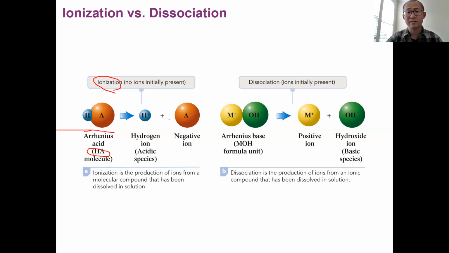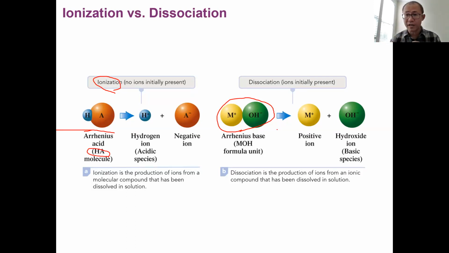Now, on the other hand, for an Arrhenius base, like sodium hydroxide or potassium hydroxide, MOH, we use MOH as a generic formula. We know these are already ionic compounds, so their structures already have ions present: M plus ion, sodium plus ion, or OH minus ion, right?